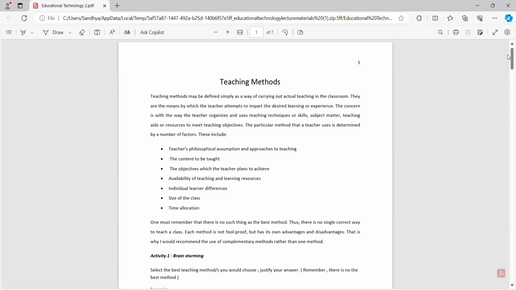We sometimes use lecture method when we have large classes, when we have time restraints, when we have less facilities, when we have very difficult content to teach. We still use lecture method, no? So if we are using the lecture method, then we have to make it more effective by adding these elements. That is what we discussed.